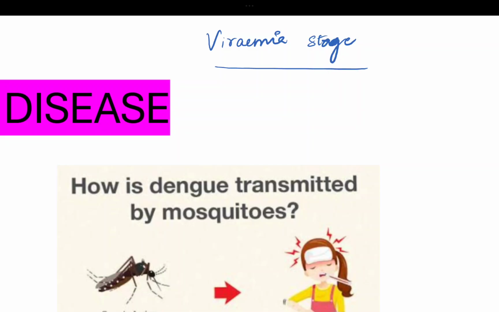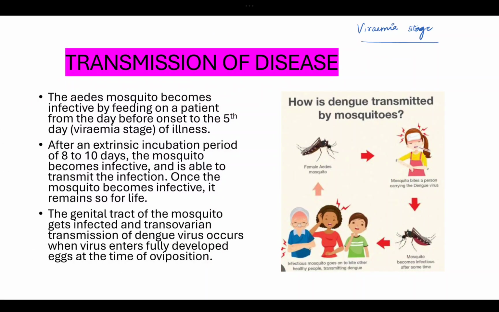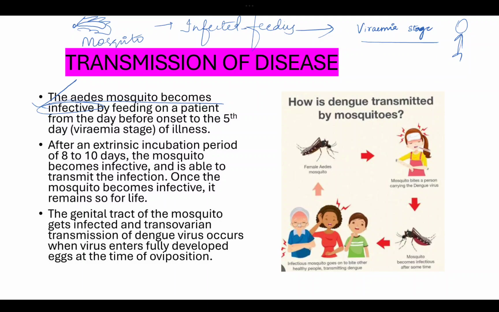You see here what they have written: the Aedes mosquito becomes infective by feeding. This Aedes mosquito is getting infected by feeding on a patient during the viremia stage.